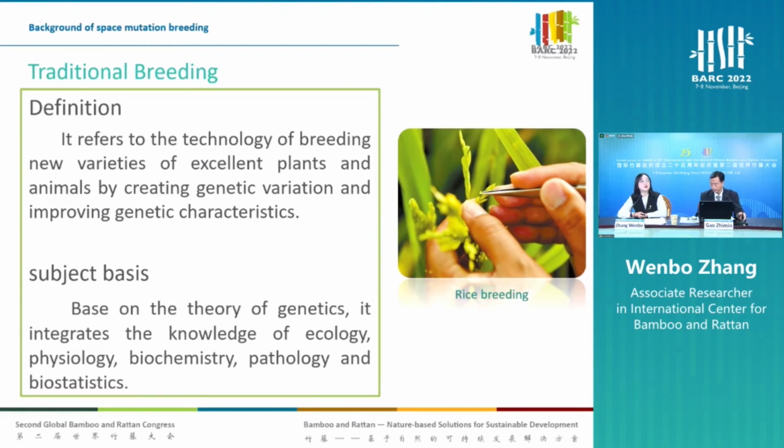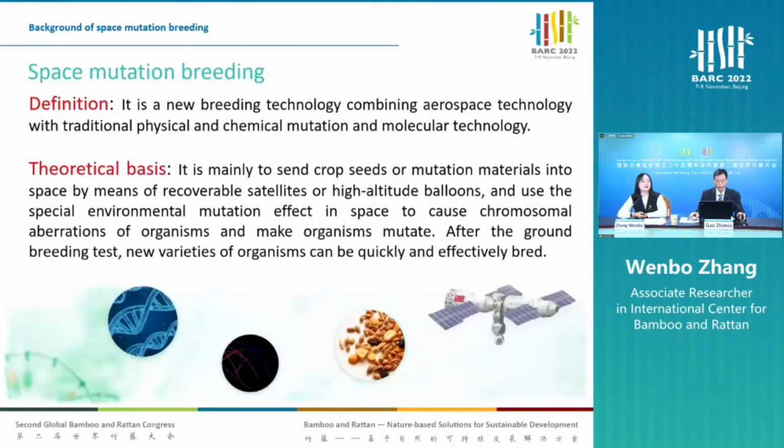Based on genetics, it integrates the knowledge of ecology, physiology, biochemistry, pathology, and biostatistics. Space mutation breeding is a new breeding technology combining aerospace technology with traditional physical and chemical mutation and molecular technology.